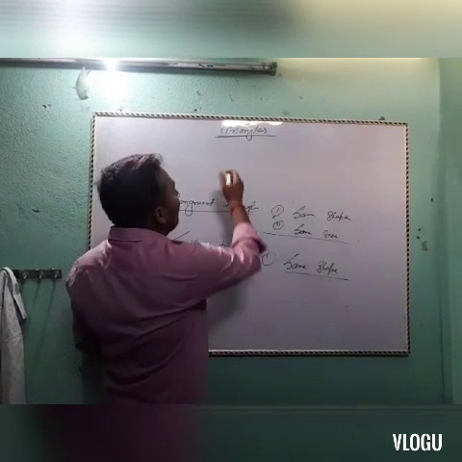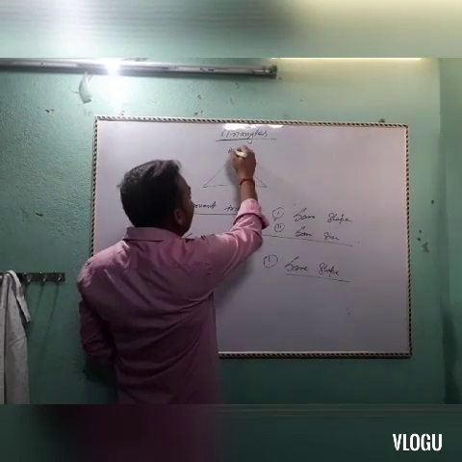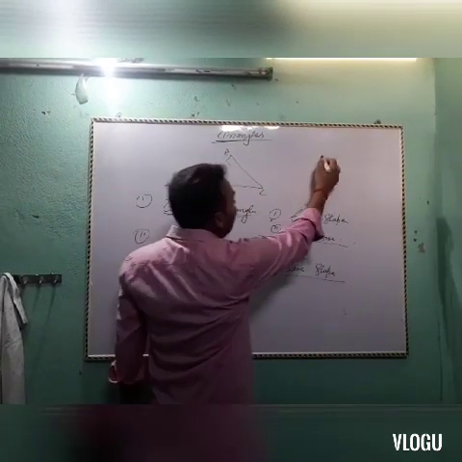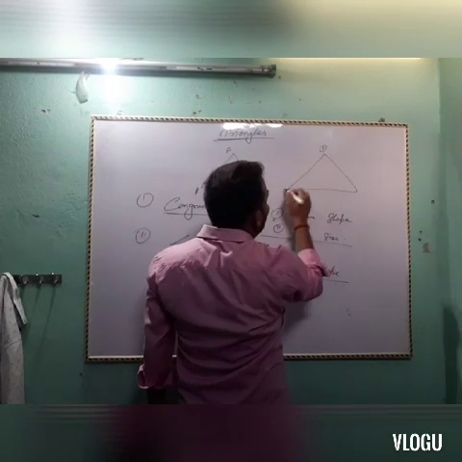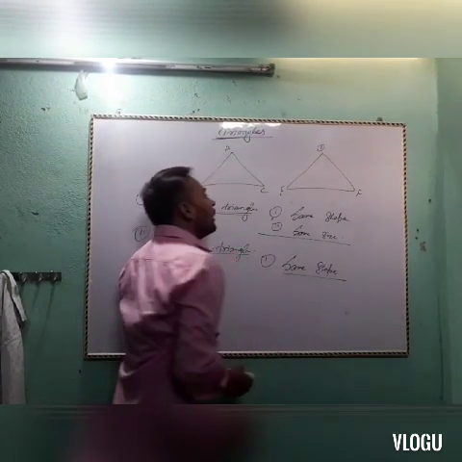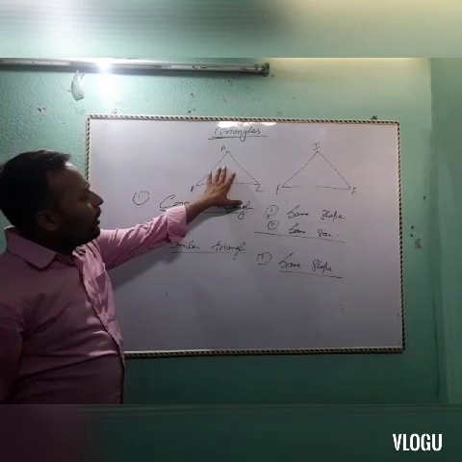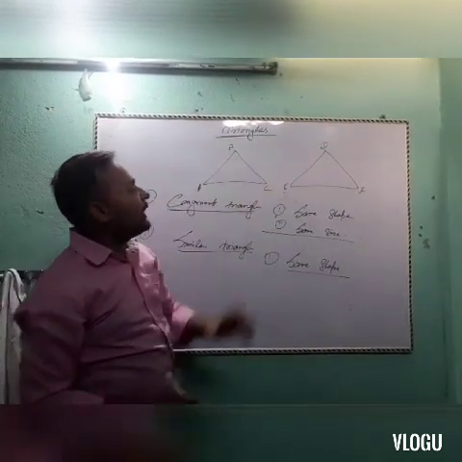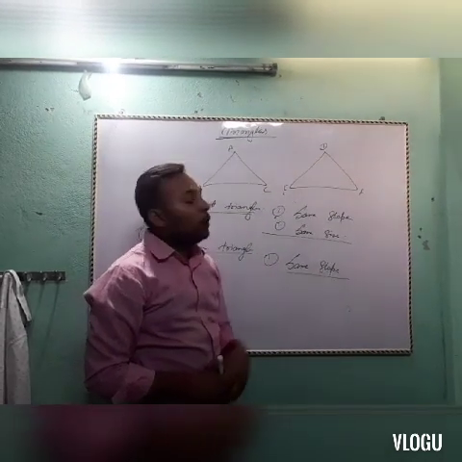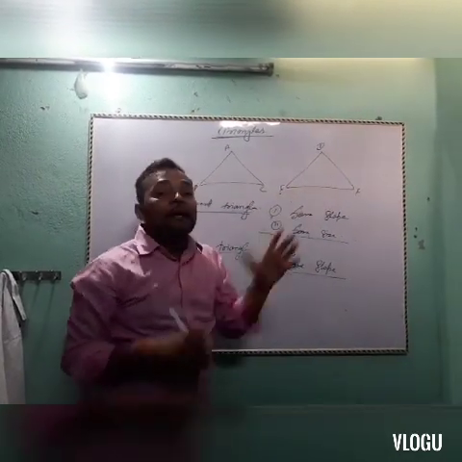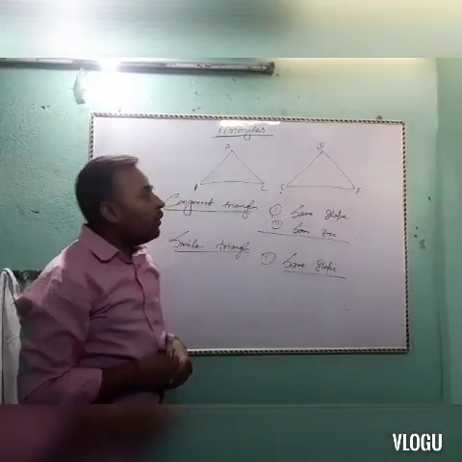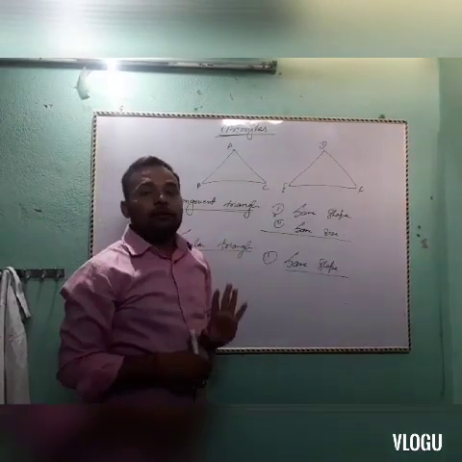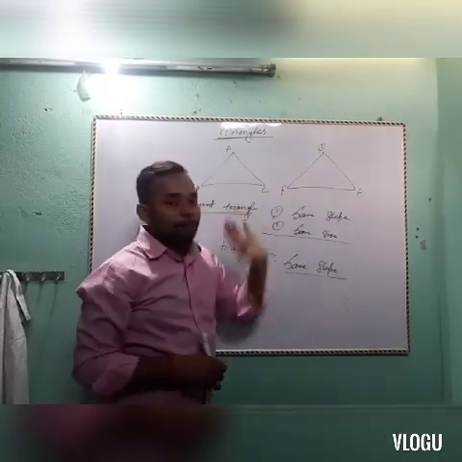Example: two triangles ABC and DEF. Look carefully. Both triangles have the same shape. Both figures are triangular, and the sides are also the same.